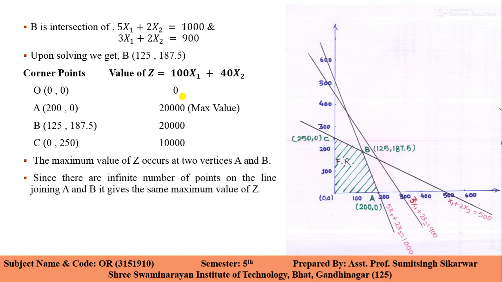Since there are infinite points on the line between A and B, all of these points give the maximum value of z. So there are infinite optimal solutions for this LPP model.